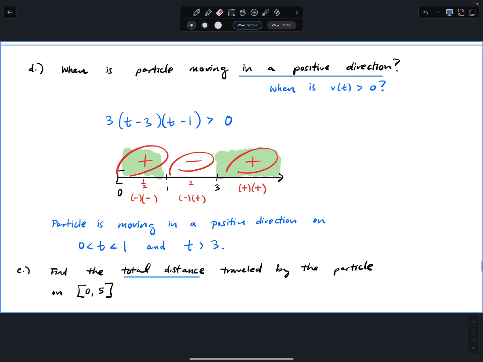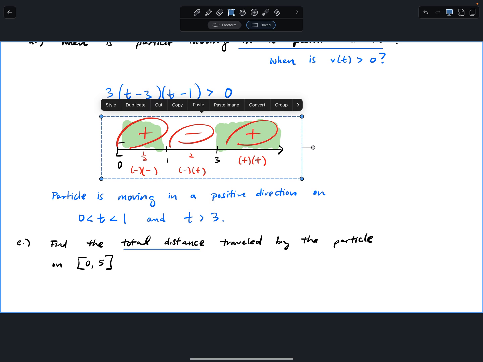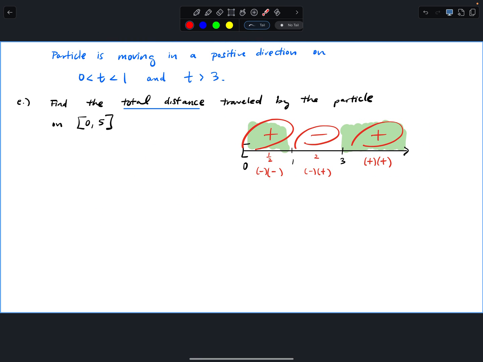So if we use our little number line, I'm just going to copy and paste it. We know that the particle is positive between 0 and 1. We know that the particle is negative between 1 and 3. And then anything after 3, it's also positive.